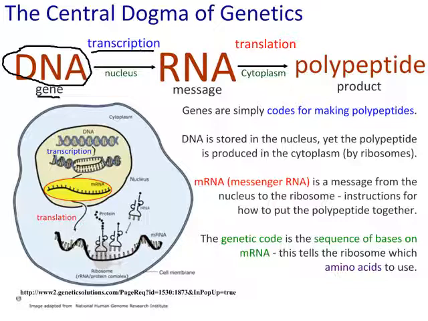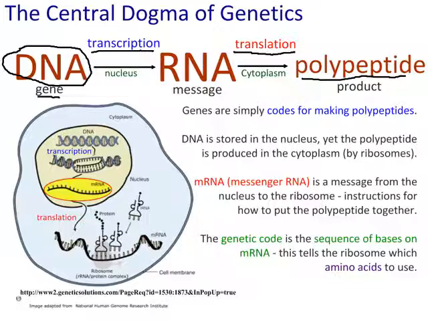At the ribosome, the message on the mRNA is translated into an amino acid form, which causes specific amino acids to attach in a specific order to one another at the ribosome, and that forms our polypeptide. And as you guys know, that would then go off and get folded up into a functioning protein.